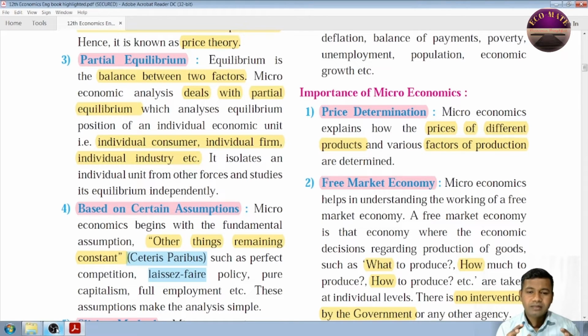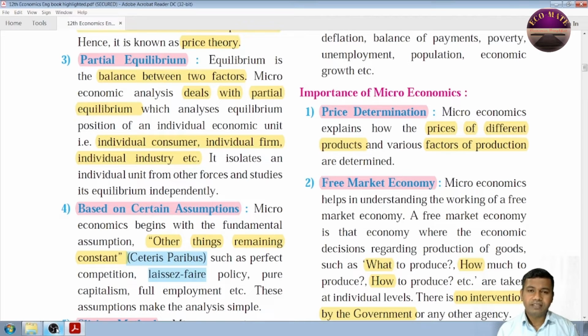When we say that microeconomics studies the free market economy, it means that in the free market economy there is no intervention of government. There is one term used in economics that you may not have heard, called the laissez-faire system, where there is no intervention of the government in the market.